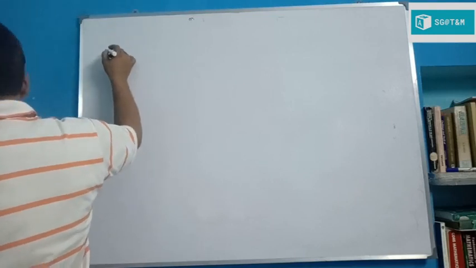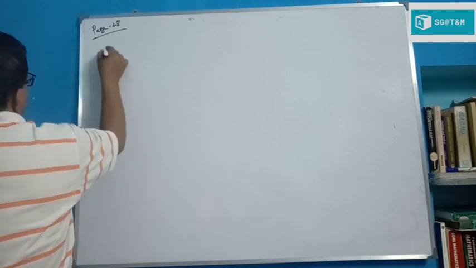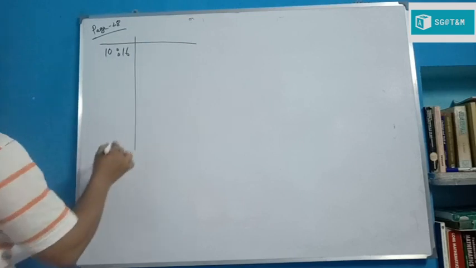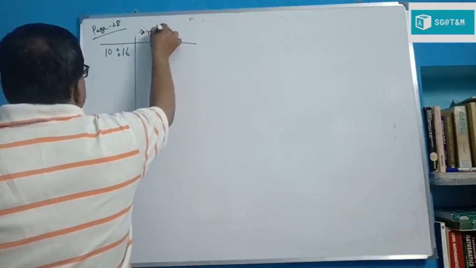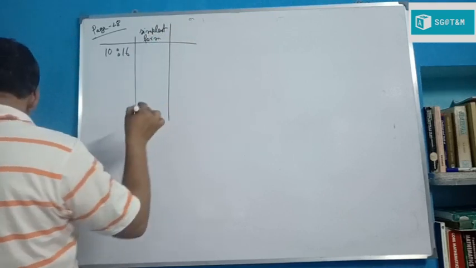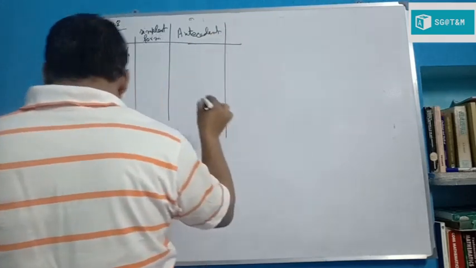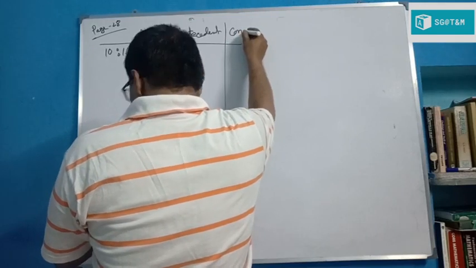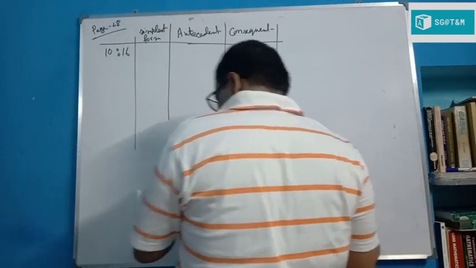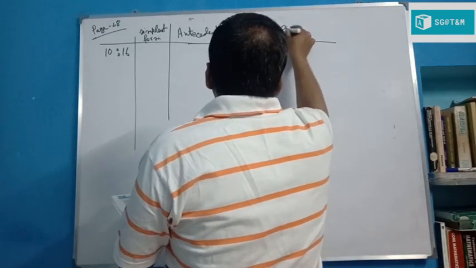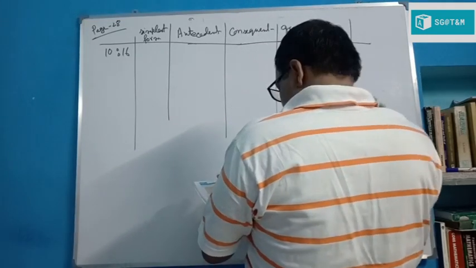On page 28 of your book, the ratio 10:16, simplified form or simplest form.